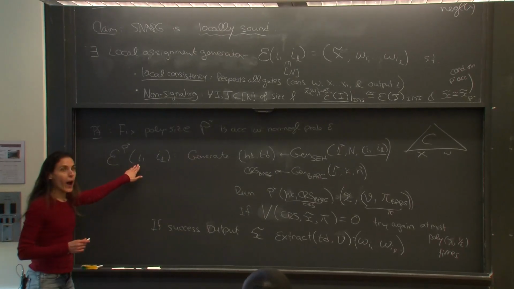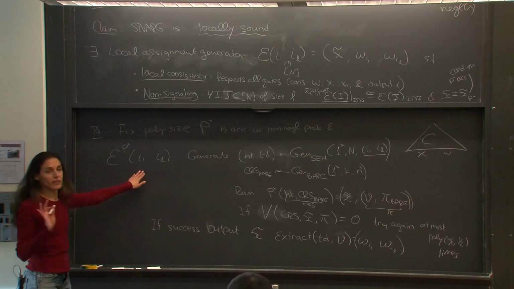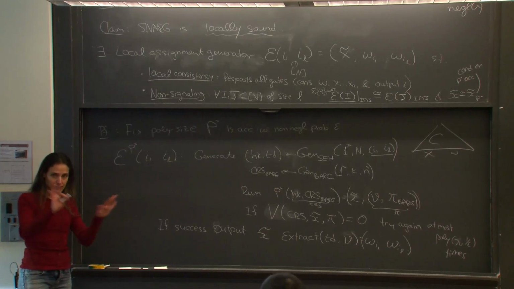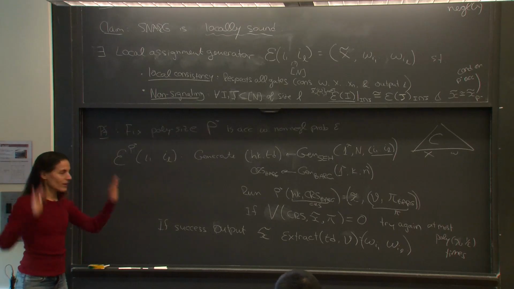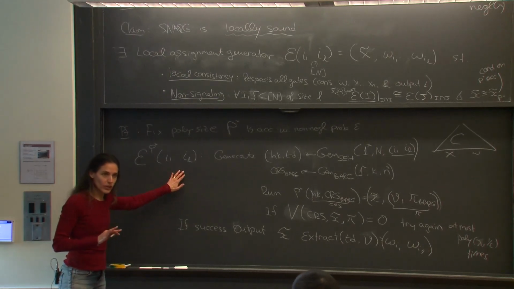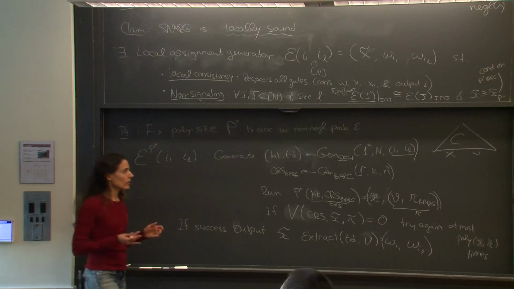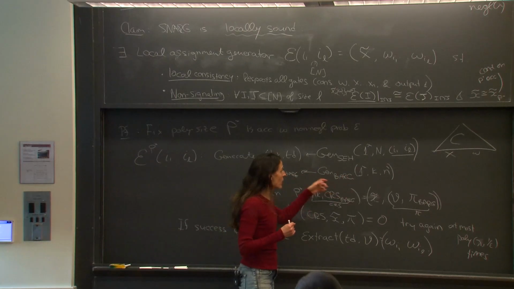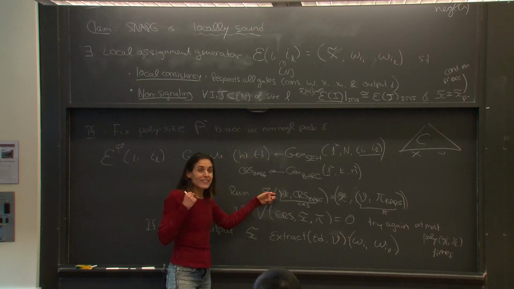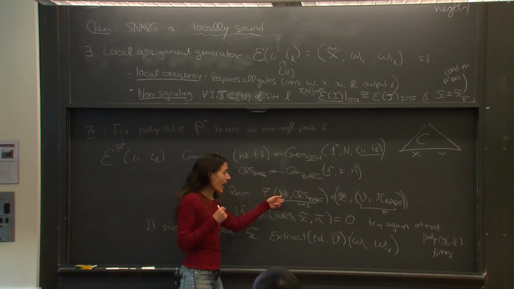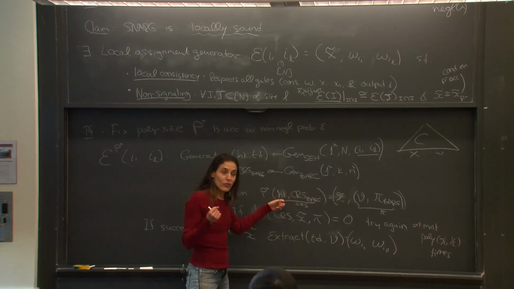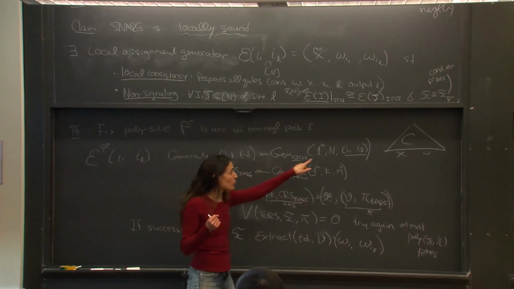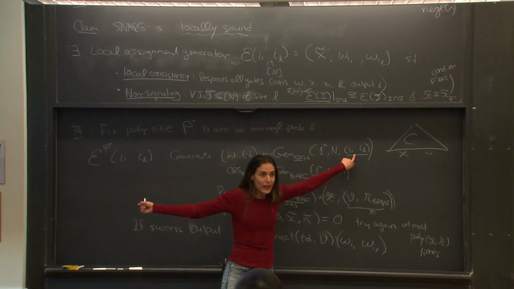Okay, so now this is the extraction procedure. We'll analyze it in a second and see why this is used. But again, let's just recall: what is the local assignment generator? It takes L wires. He will generate a CRS and give it to the cheating prover. The CRS he generates consists of a hash key and a CRS for the BARG. The CRS for the BARG he just generates, and the hash key he generates with a trapdoor with respect to the wires that he needs to extract.